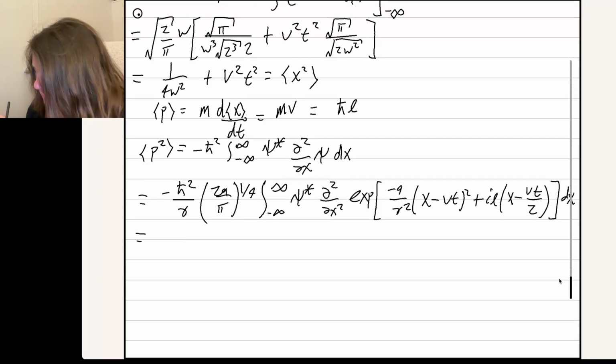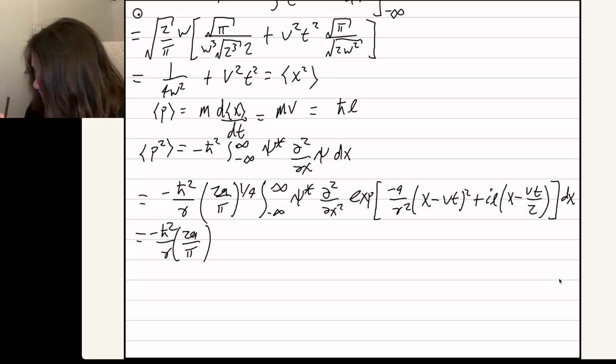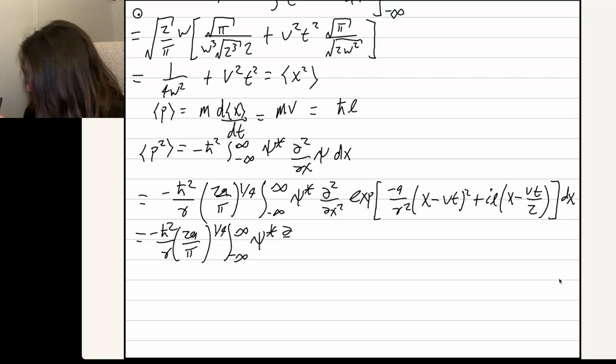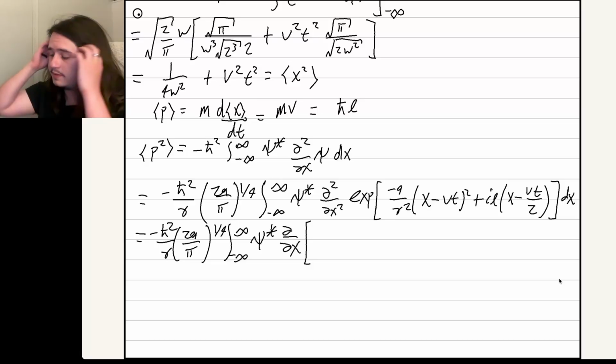So the first derivative is looking like, once I get done writing all this, just the derivative of whatever's inside the exponent.